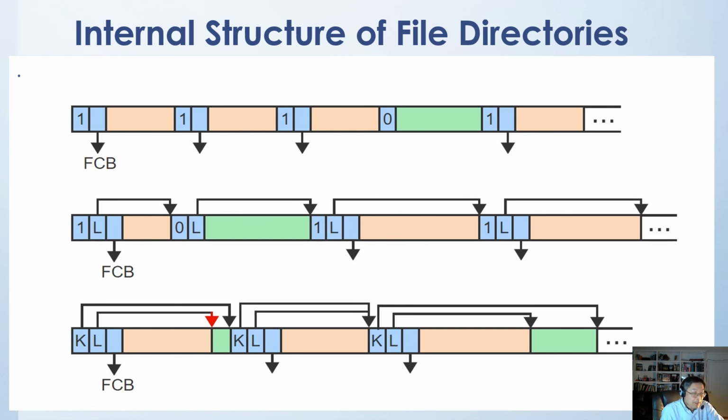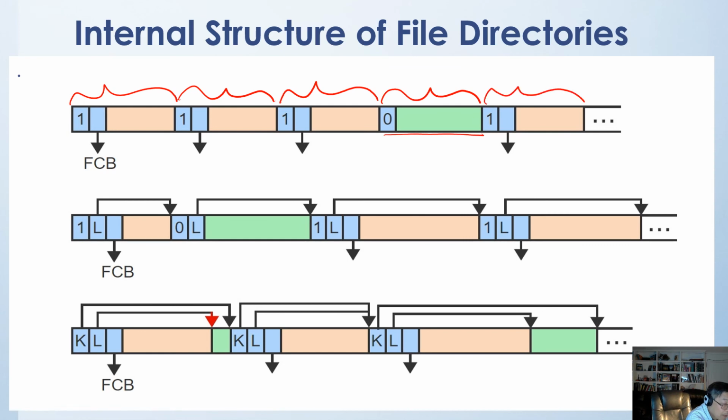Okay, so let's summarize all these different approaches. The first approach: the directory is an array with fixed length entries, and even the free entry is also fixed length. 1 means that this entry is occupied, and 0 means it's free.